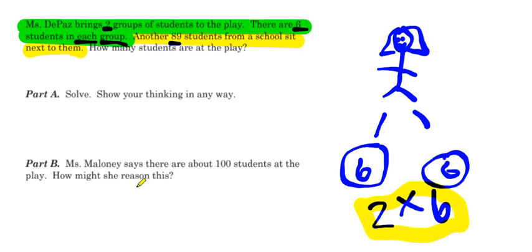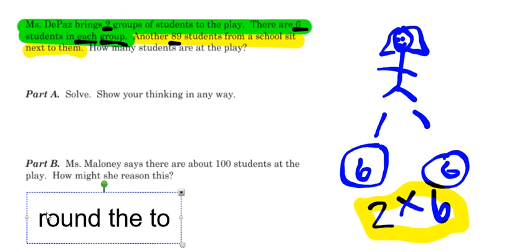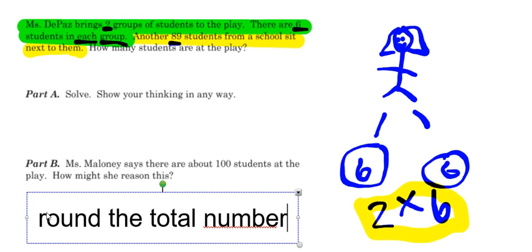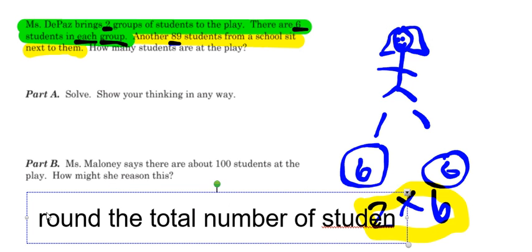And then at the end, it's telling you that Miss Maloney, another teacher, is saying that there are about 100 students in the play. In this case, you are going to go ahead and round the answer you have. You're going to round the total number of students. Okay, I'll make this smaller so you guys can read it.